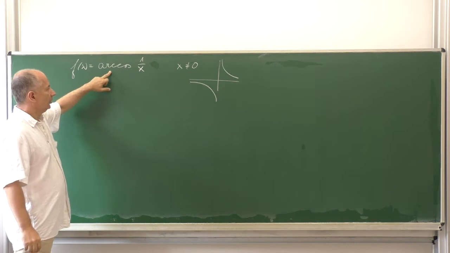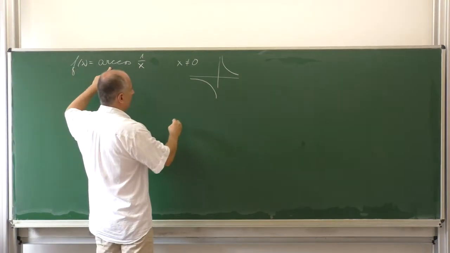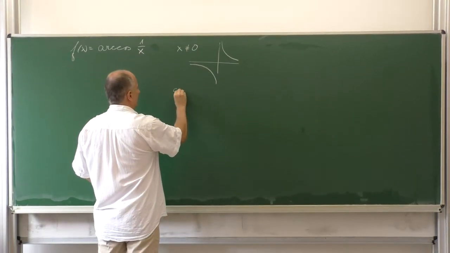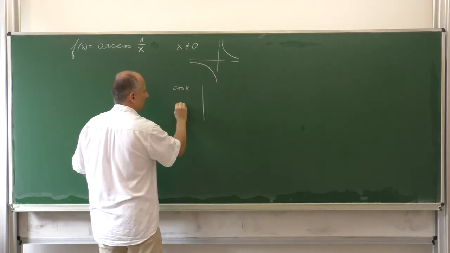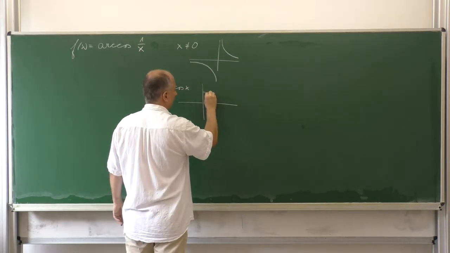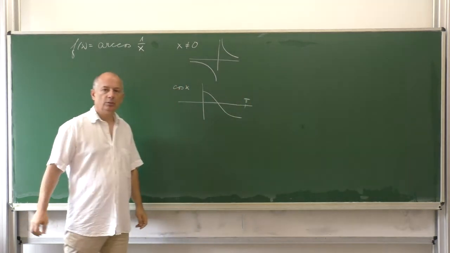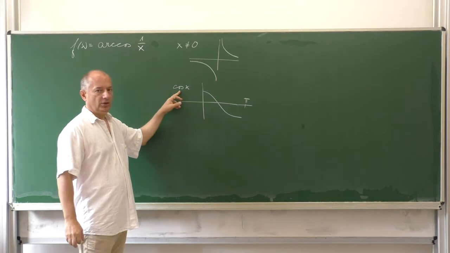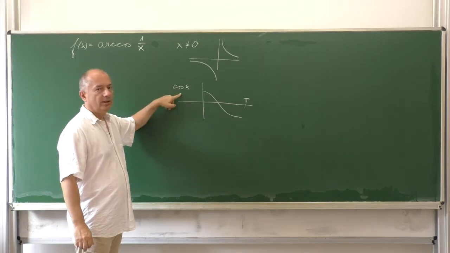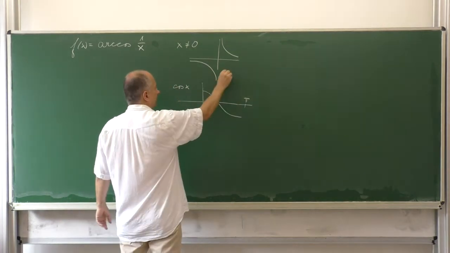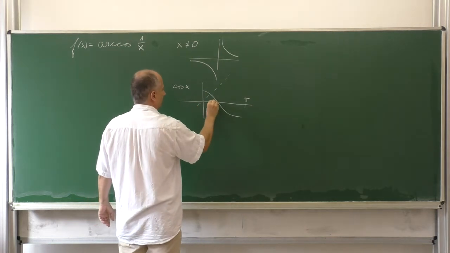And now what about cosine? Arc cosine. The function cosine must be restricted in the domain just to the interval from 0 to pi, so that it is injective, and only then the inverse exists. And the inverse is a graph that looks like that.